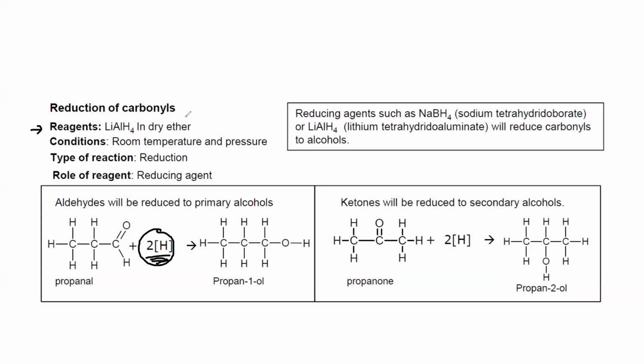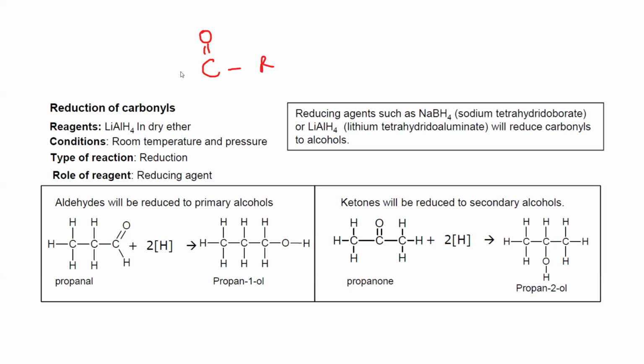If the reagent was hydrogen, then I would write H2. But the reagent is not hydrogen. It is produced during a reaction. That's why it is written 2H, which shows nascent hydrogen, a hydrogen produced during a reaction. So how will the ketone turn into an alcohol?